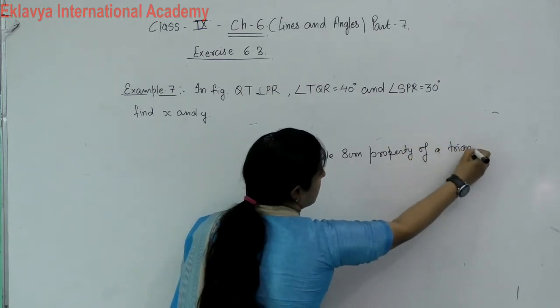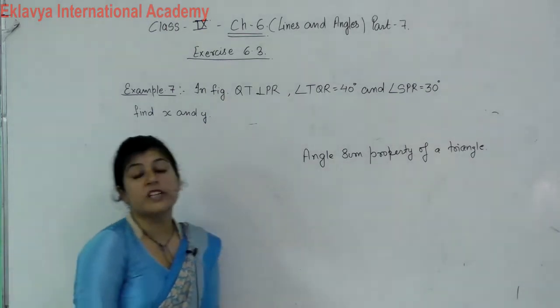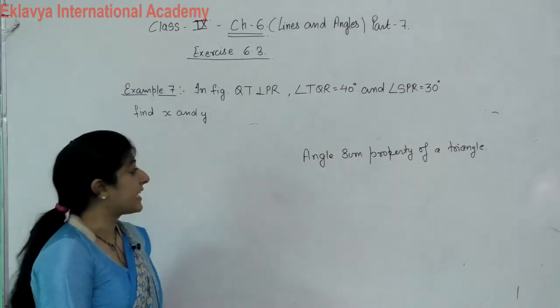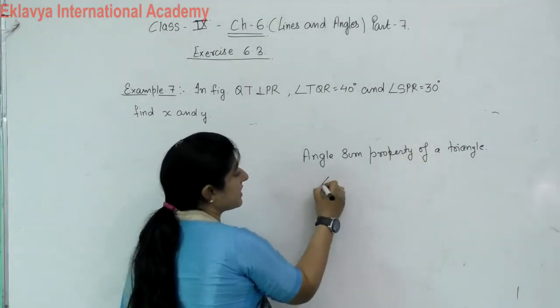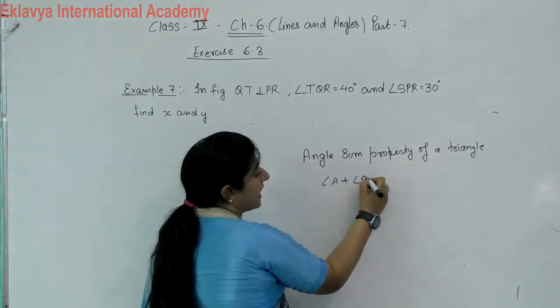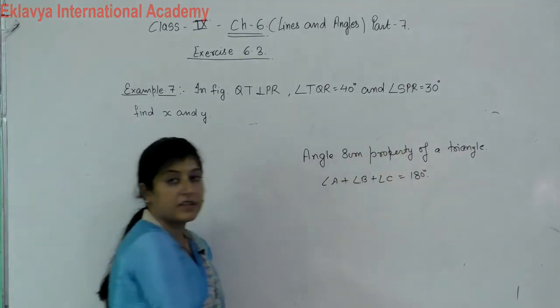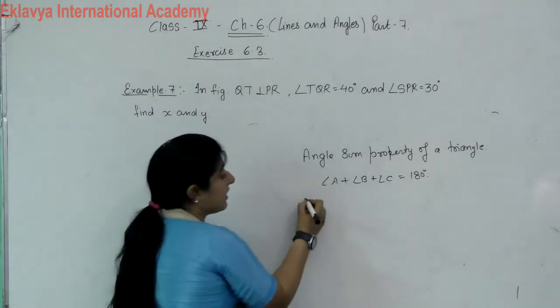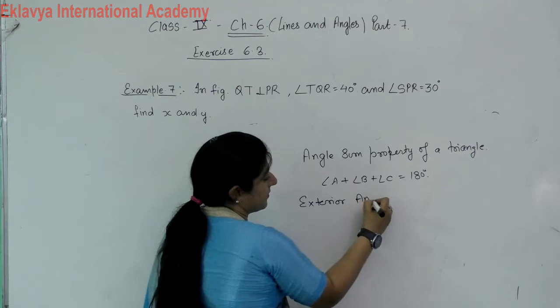We already discussed this as a theorem that proves that the sum of all angles in a triangle is equal to 180 degrees. Angle sum property is this: the sum of all angles in a triangle is equal to 180 degrees. Second, we will use the concept of exterior angle property.